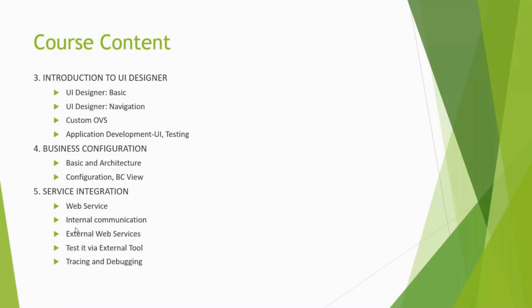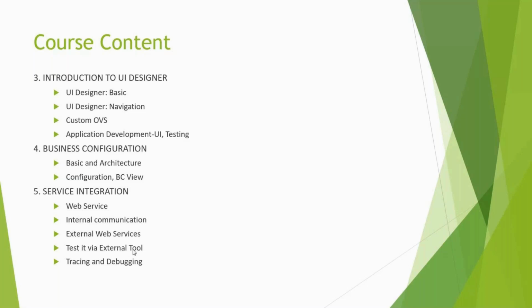And there is a concept of internal communication. We have different types of deployment units in our system, like in SAP C4C. If we want to communicate between the cross deployment units, we have to go with this internal communication. We will go deep into that internal communication in the course.